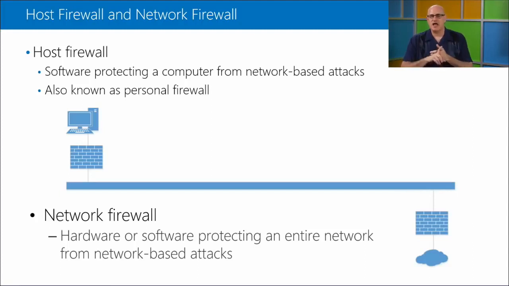So if my client isn't a web server, it doesn't host RDP sessions, it doesn't host email, you can shut those ports down and have the firewall block that, so that malicious packets aren't coming in that your system might try to process and that could cause problems. Versus a network firewall, which protects a network segment.